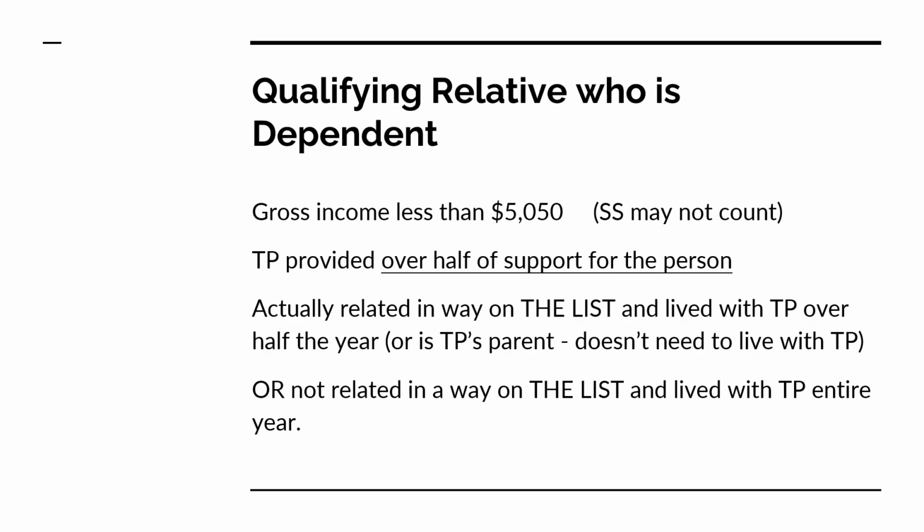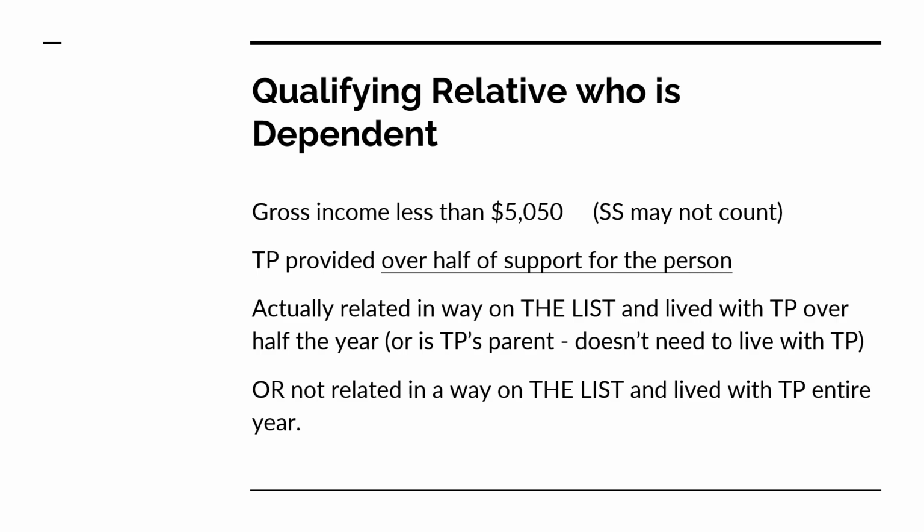The other thing is that the support test is much different in that a dependent relative needs to be supported by the taxpayer. That is, they need to get over half their support from the taxpayer.